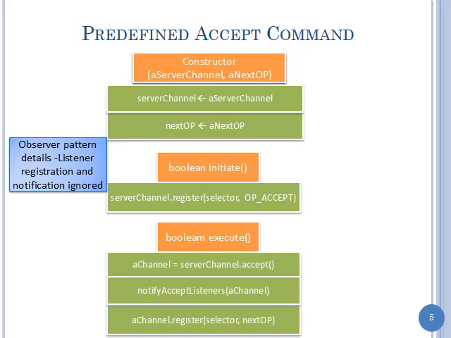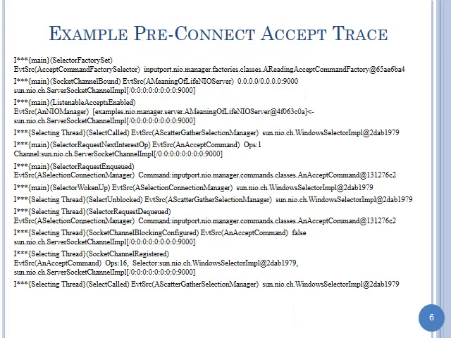The execute method will be called, which will invoke the accept method on it, and get back a channel. That channel needs an interest op. That interest op was passed as an argument to the constructor of this particular thing. So the next op doesn't correspond to this particular channel. It applies to the new channel that was created. We see this here.